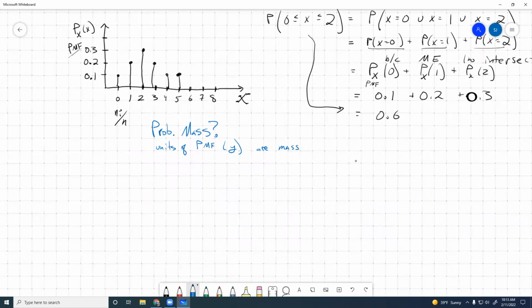Okay, so here's our PMF. Now let's go to what's known as a cumulative distribution function. And basically throughout the rest of the semester, we're going to be going back and forth between PMFs and CDFs, or PDFs and CDFs.